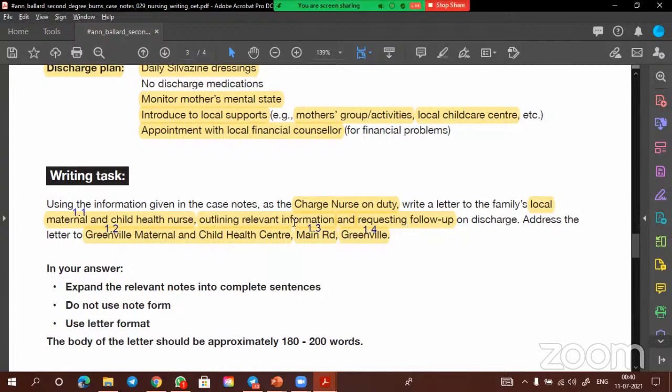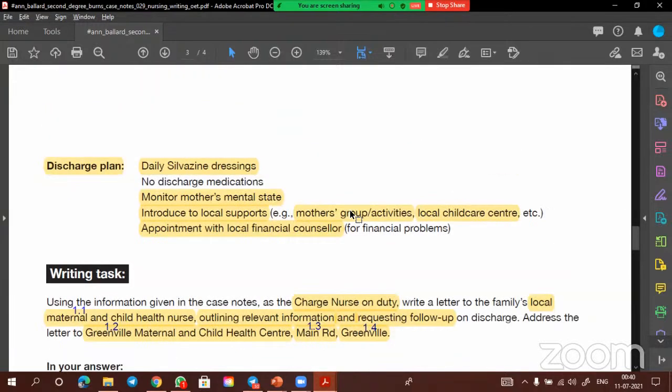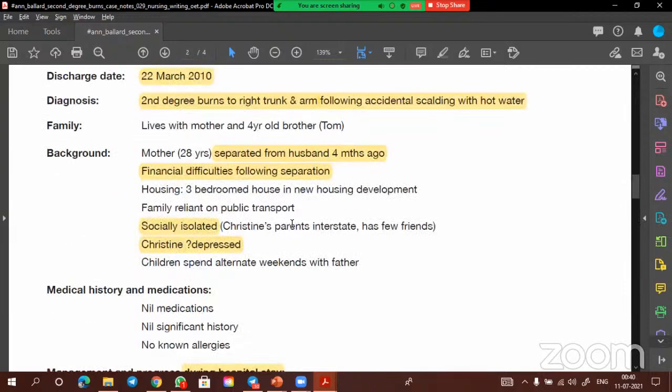You're outlining relevant information. Or you can say updating information or providing information. And then follow up on discharge. You are requesting follow up. So she requires.